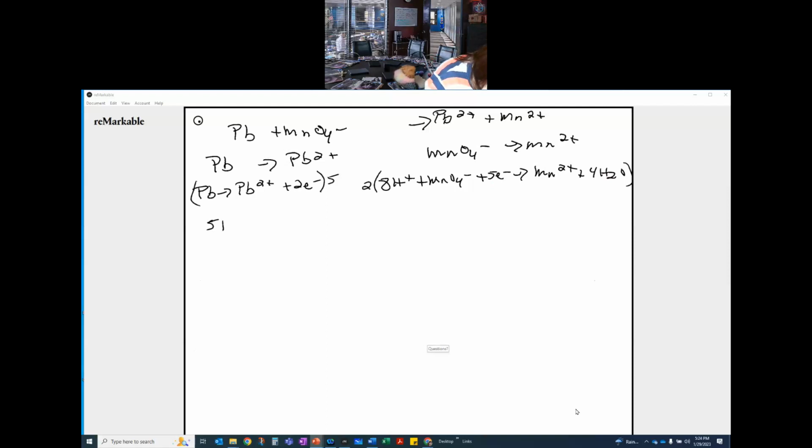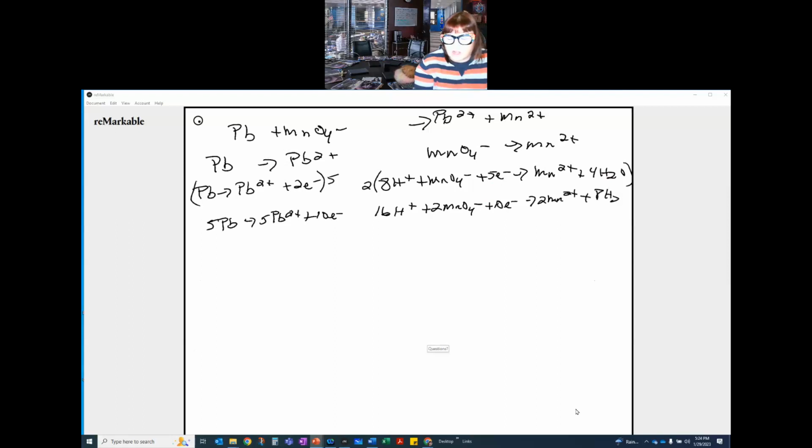I get 5 Pb goes to 5 Pb2 plus 10 e minus, 16 H plus 2 MnO4 minus plus 10 e minus goes to 2 Mn2 plus 8 H2O. It is very common to have to multiply this one by 2 because it's a 5. Very common. Okay, awesome. Cancel anything that's the same.